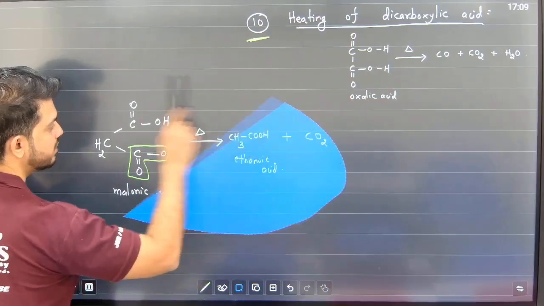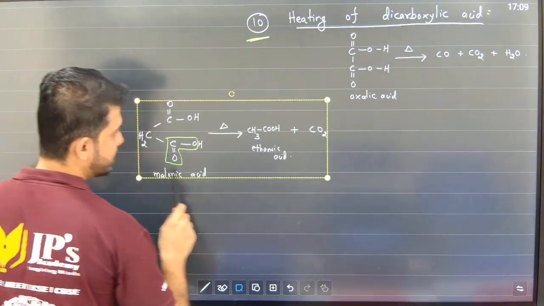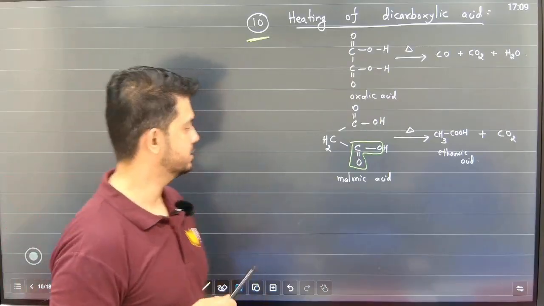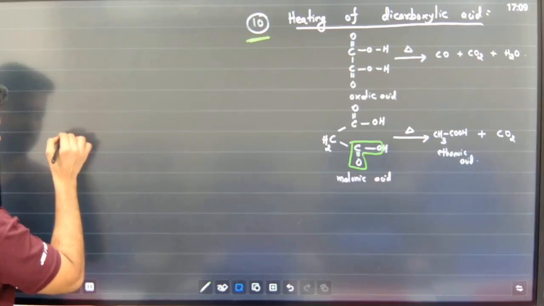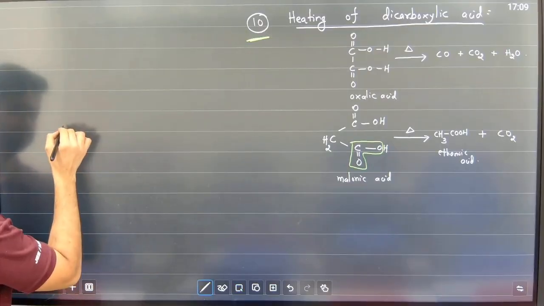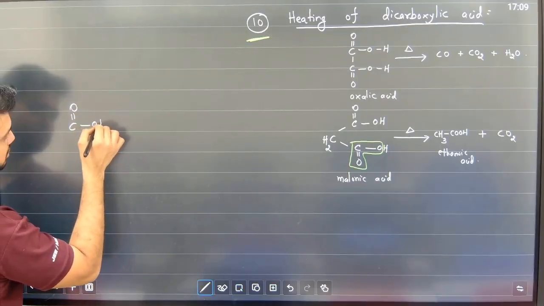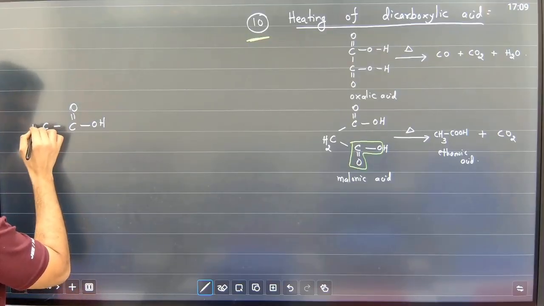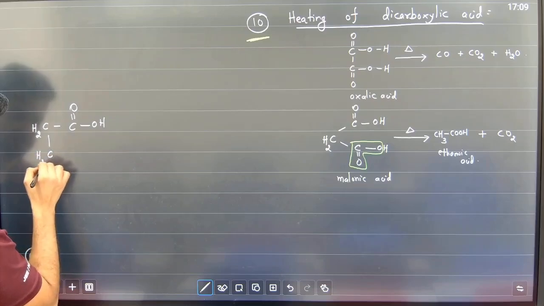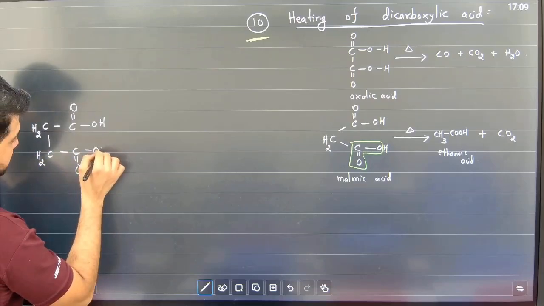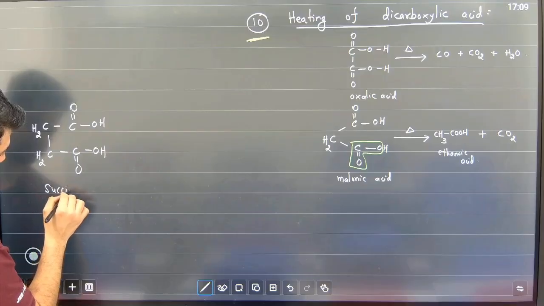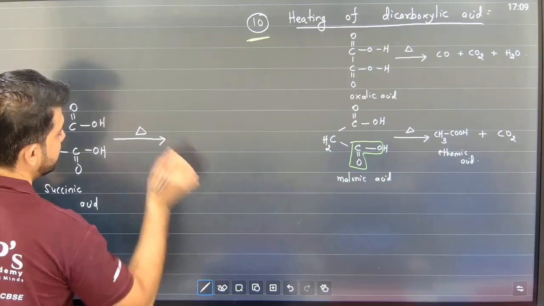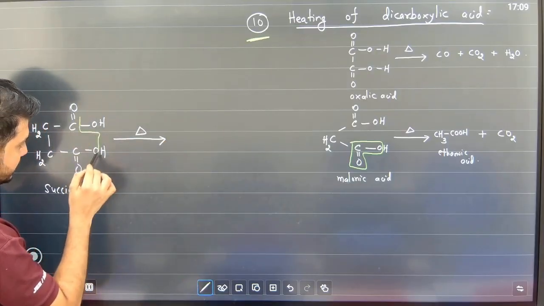I am teaching the students via the Dabba mechanism. We are not doing the actual mechanism of the reaction. So malonic acid on heating will give us ethanoic acid. Let's move ahead to the next dicarboxylic acid. So the next dicarboxylic acid is, students, succinic acid. I repeat, students, this is succinic acid. Now succinic acid on heating, students, again it dehydrates.